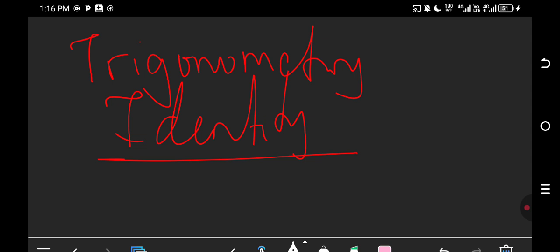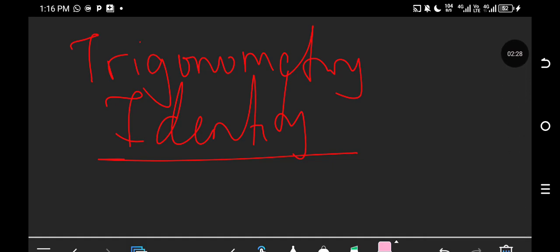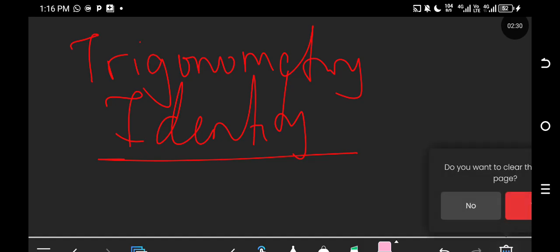So let's begin with the basic trig identities. Okay, all right, so the basic trig identities we have, the sine.